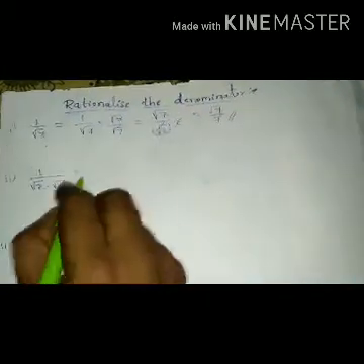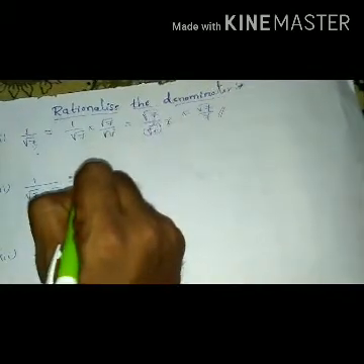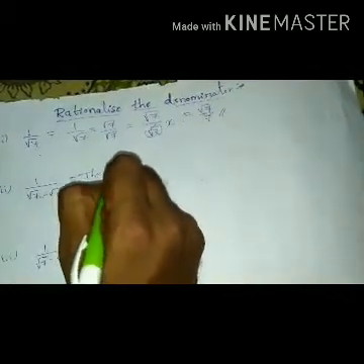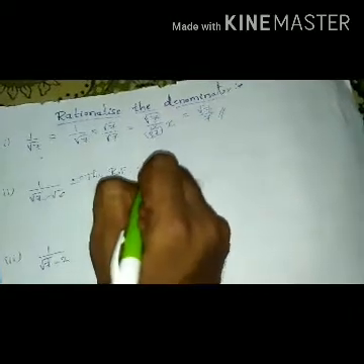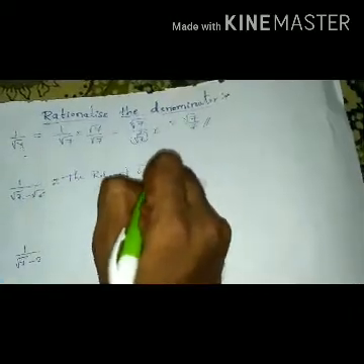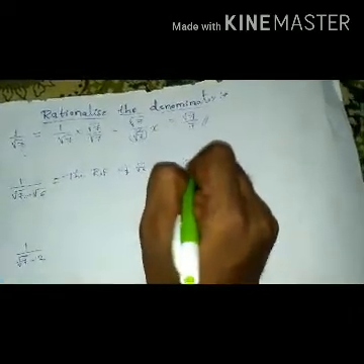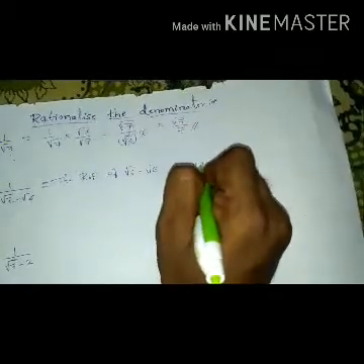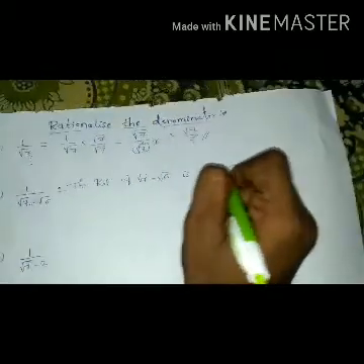In the same way, in the second example, in the denominator we have a binomial. So its rationalizing factor, the rationalizing factor of root 7 minus root 6, is root 7 plus root 6.